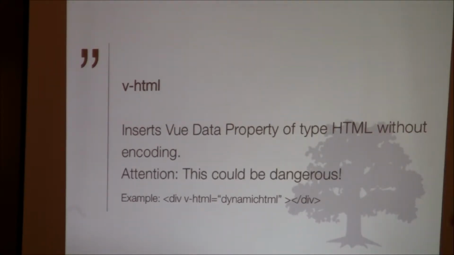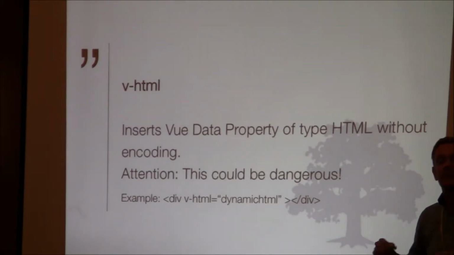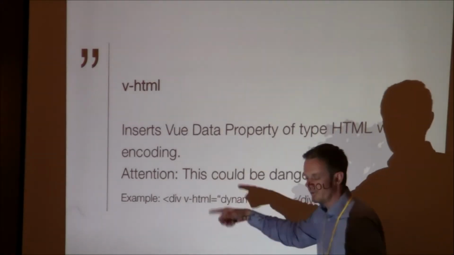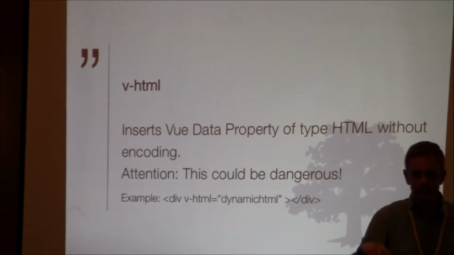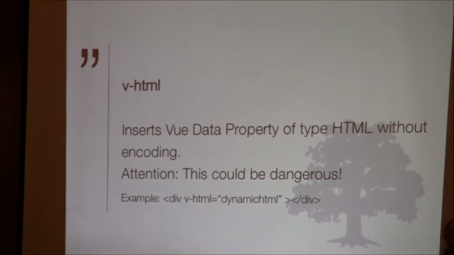There's also v-html, which inserts a Vue data property as HTML without encoding. So if you do the data thing we have done 2 slides before, all the HTML and all the things coming from the data part are encoded because of script problems.